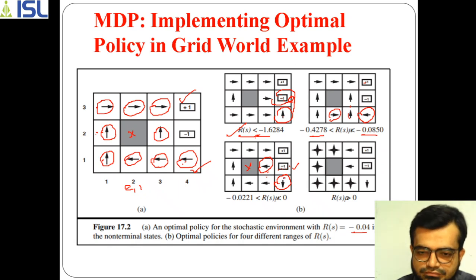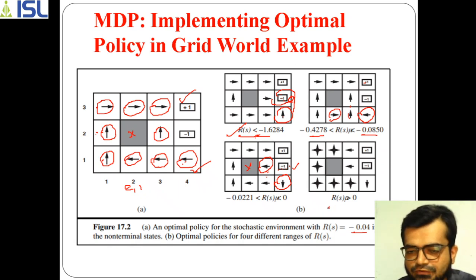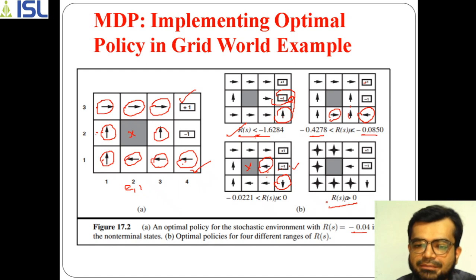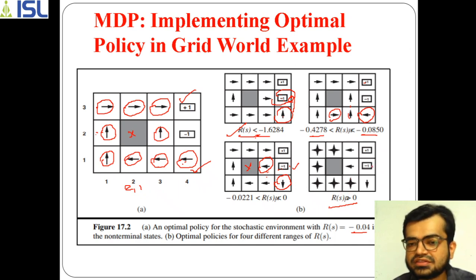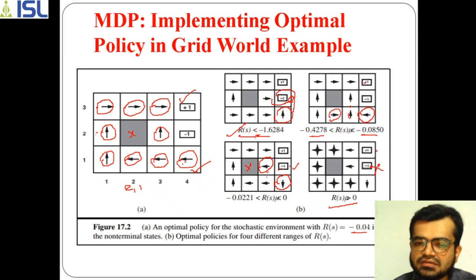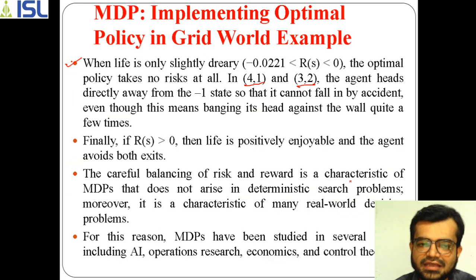But in the fourth case, as you know, the reward is greater than 0. As the reward is greater than 0 for moving from one state to another, it won't ultimately go to this state. It will also avoid entering this state. Greater than 0 means it can be any value.